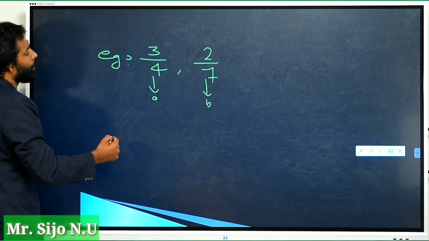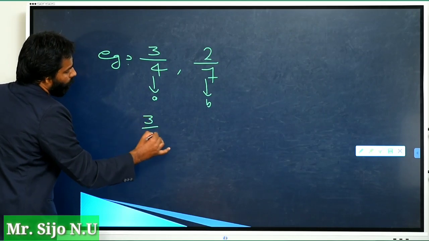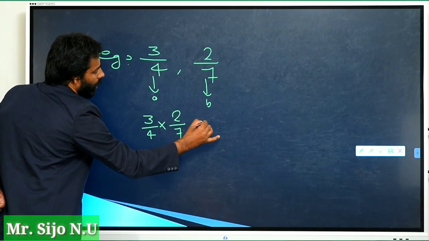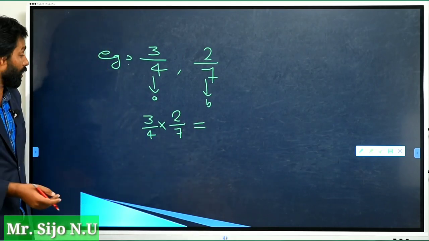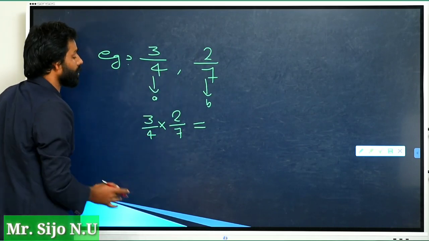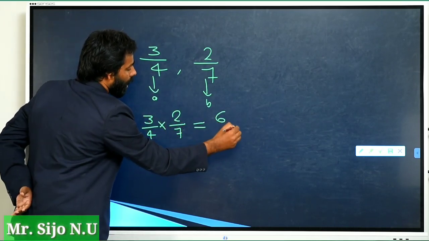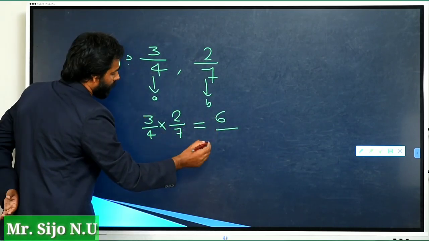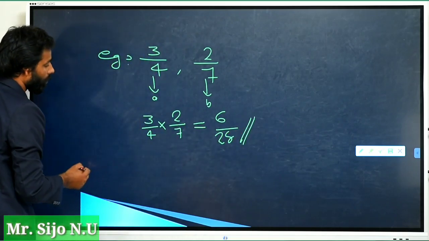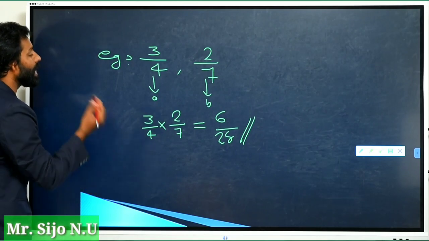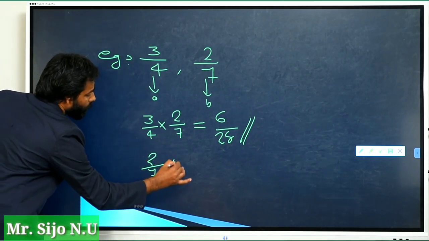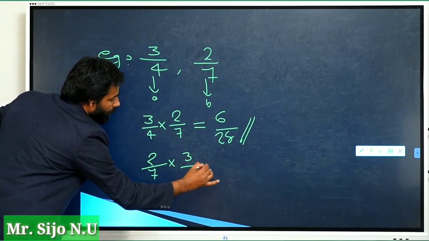Now let us multiply this. 3 by 4 multiplied by 2 by 7. We have learned that the numerator multiplies with the numerator and the denominator with the denominator. So 3 into 2, that is 6, divided by 4 into 7, that is 28. Now we can multiply this as b into a. 2 by 7 into 3 by 4.